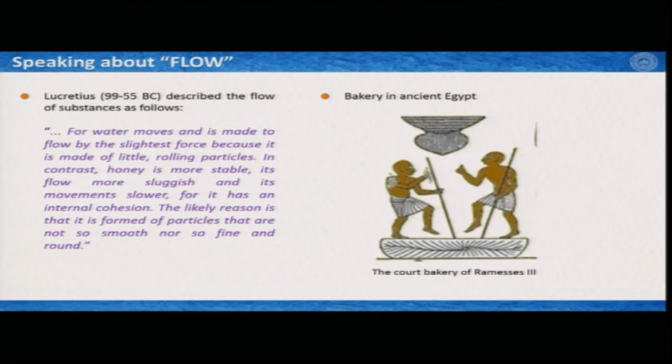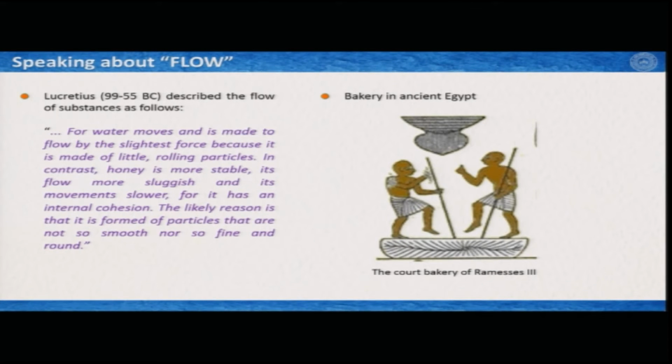So, he wrote, for water moves and is made to flow by the slightest force, because it is made of little rolling particles. In contrast, honey is more stable, its flow more sluggish and its movements slower, for it has an internal cohesion.